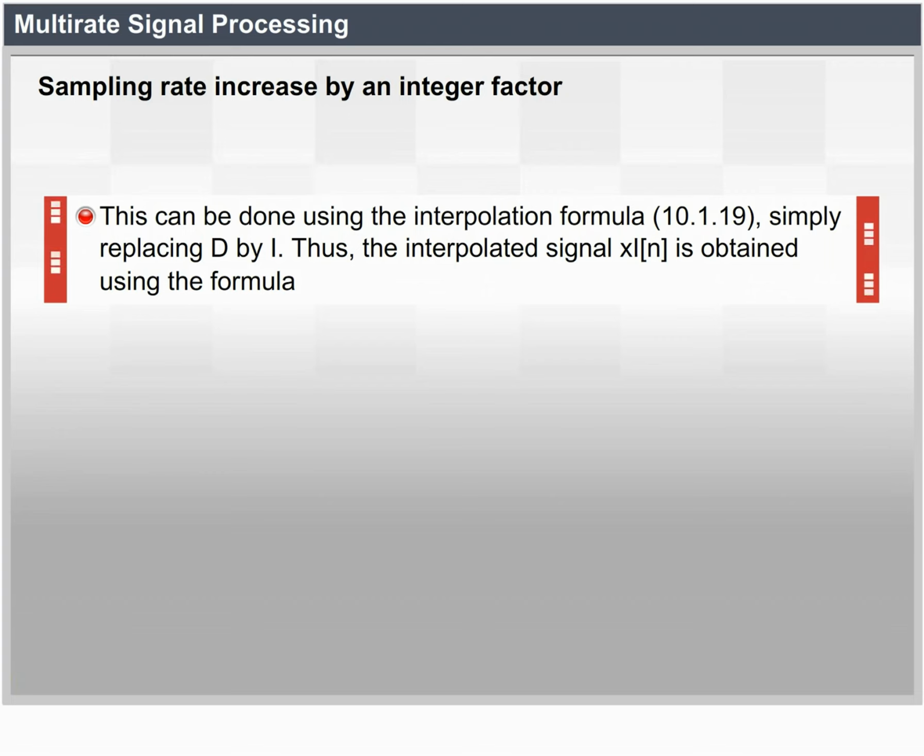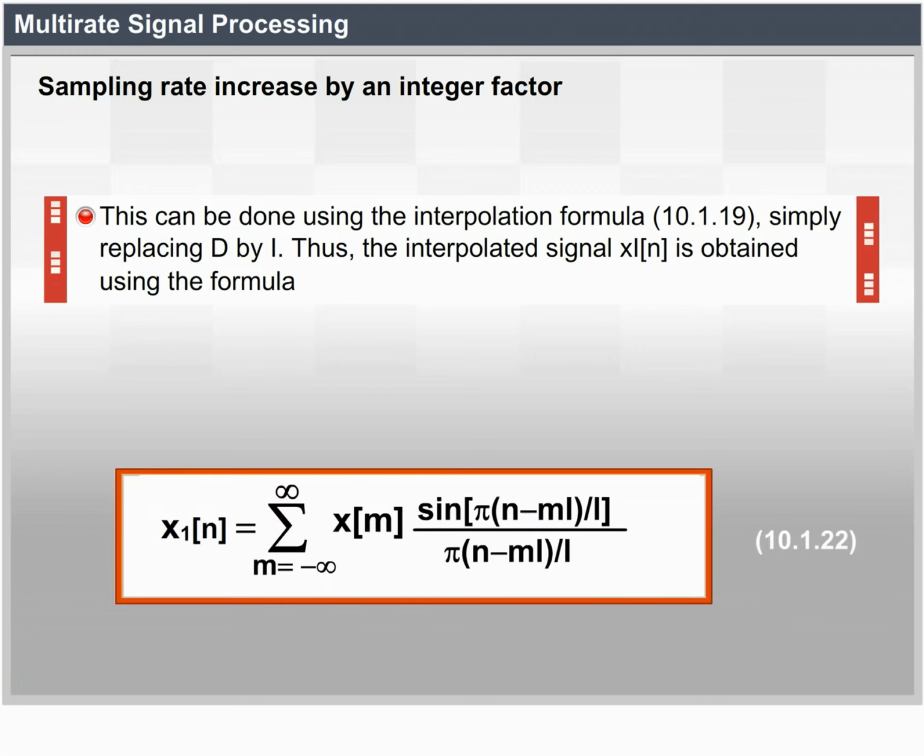Thus, the interpolated signal x_I(n) is obtained using the formula x_I(n) equal to the summation over m from minus infinity to plus infinity of x(m) sin(pi(n minus mL)/L) divided by pi(n minus mL)/L, equation 10.1.22.